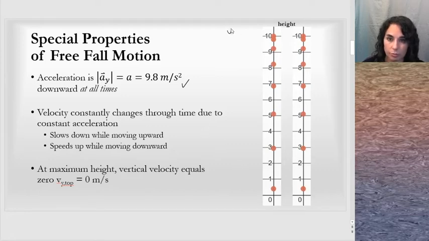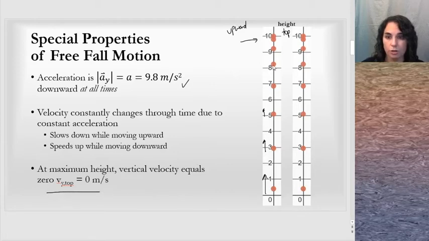If I throw an object in the air, as we move upward, the initial velocity is large, and we know that it will get smaller as it moves towards the top. When it reaches the top, let's say it goes 10 meters up, at the top, the velocity is 0.